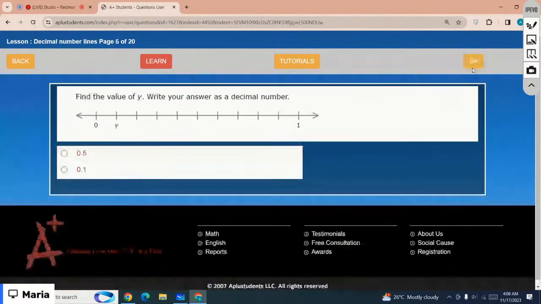Okay, the next one is find the value of y. Write your answer as a decimal number.